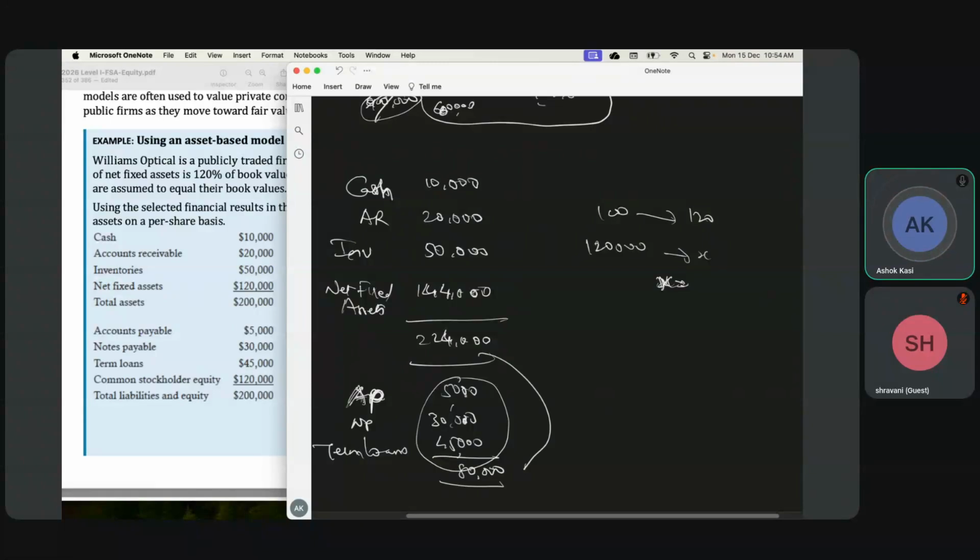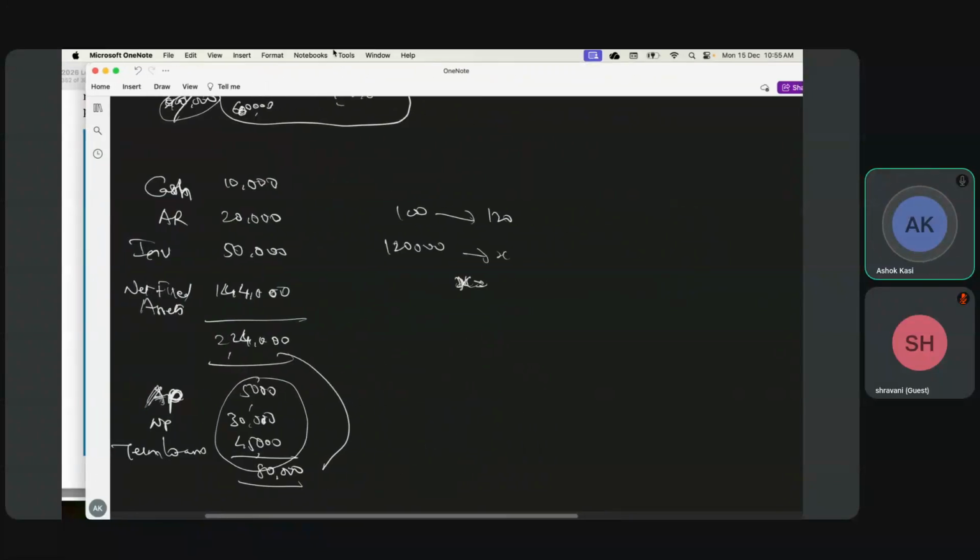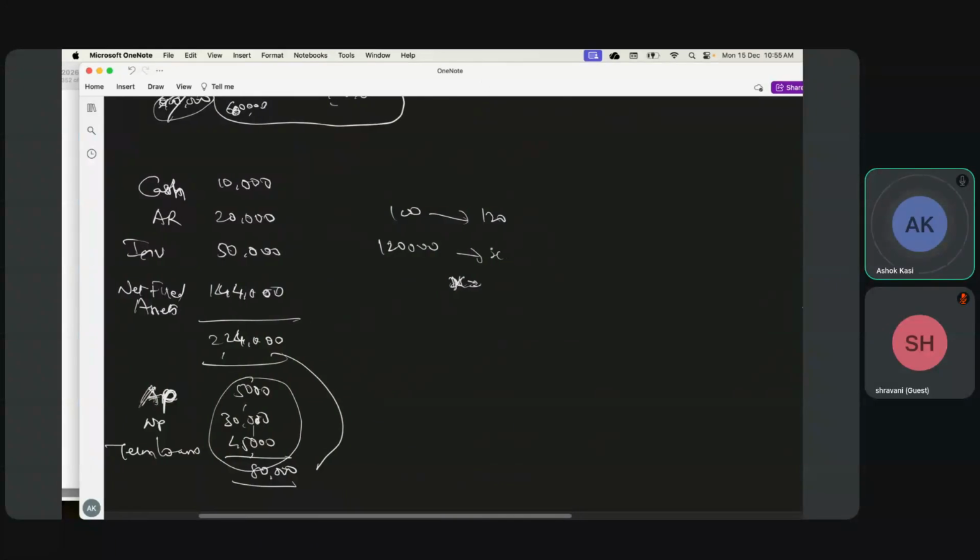So take the net, 1,44,000, as the net value, divided by the number of shares, 2,000. So it is 72 per share. Okay.